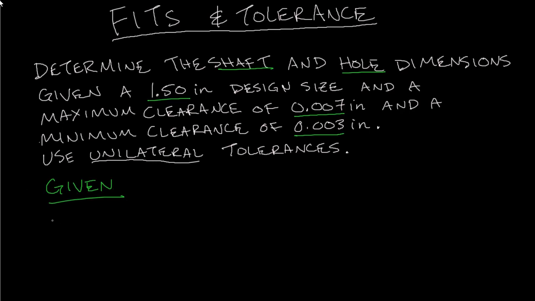Okay, so I'll denote design size as D, and that's going to be 1.500 inches. I'm going to drop the units from now on because I know that I'm working in imperial units.